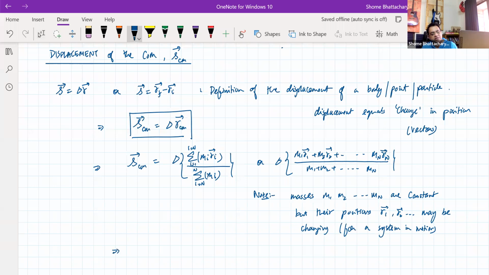So when we operate this delta inside this term, the denominator is a constant, so we just let it be. And in the numerator, it becomes summation mass into change in position.